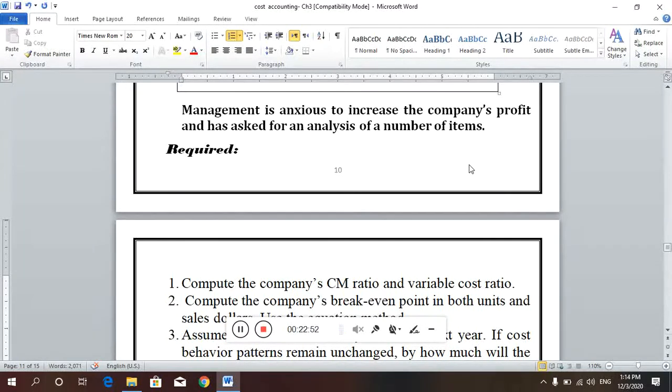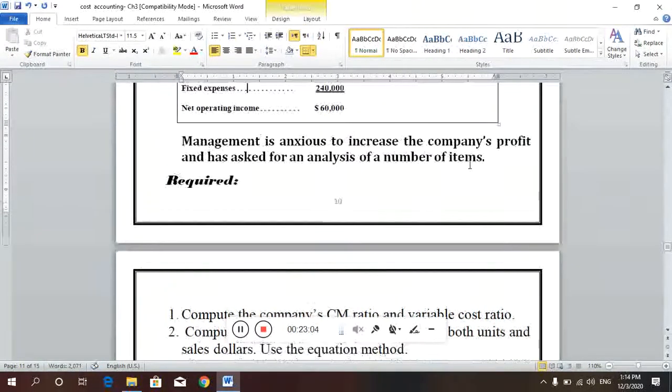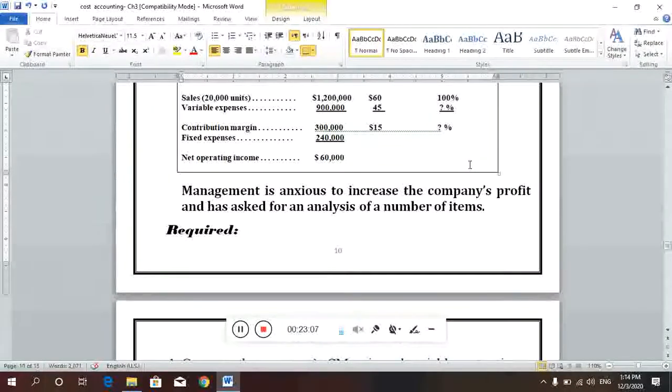As we said before, the contribution margin ratio equals contribution margin per unit divided by selling price. Contribution margin per unit is $15 divided by the selling price $60. It will be 25%.